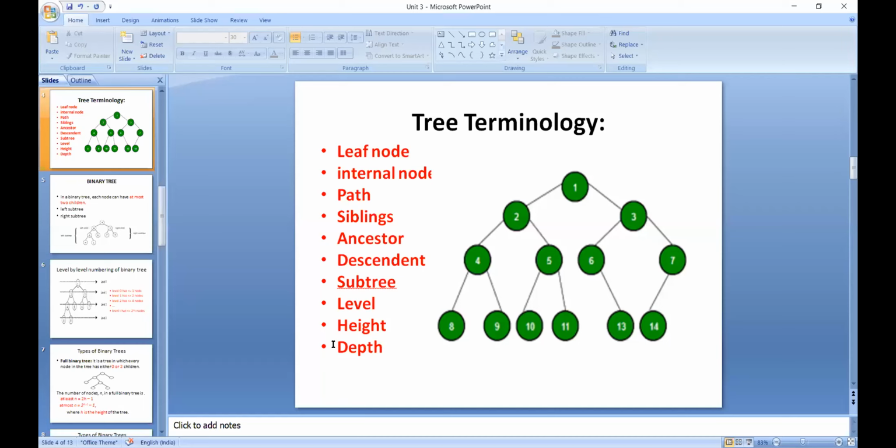So I'm going to see the depth. I'm going to see how far I am deep from the ground level, right? How far you are deep? Consider that the ground level is 1. I want to calculate the depth of node 11.